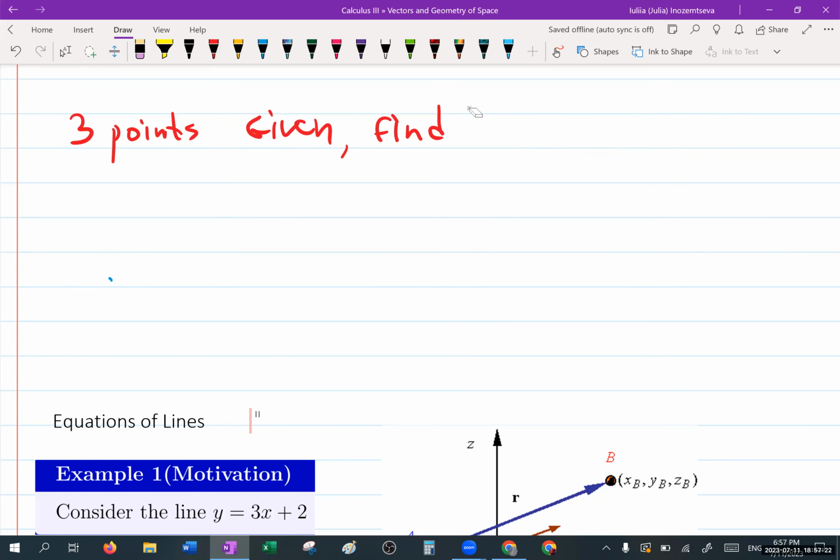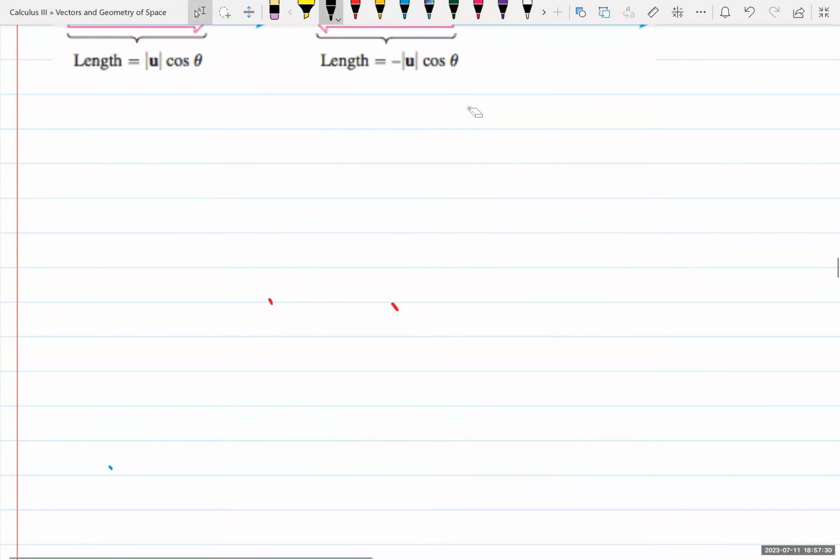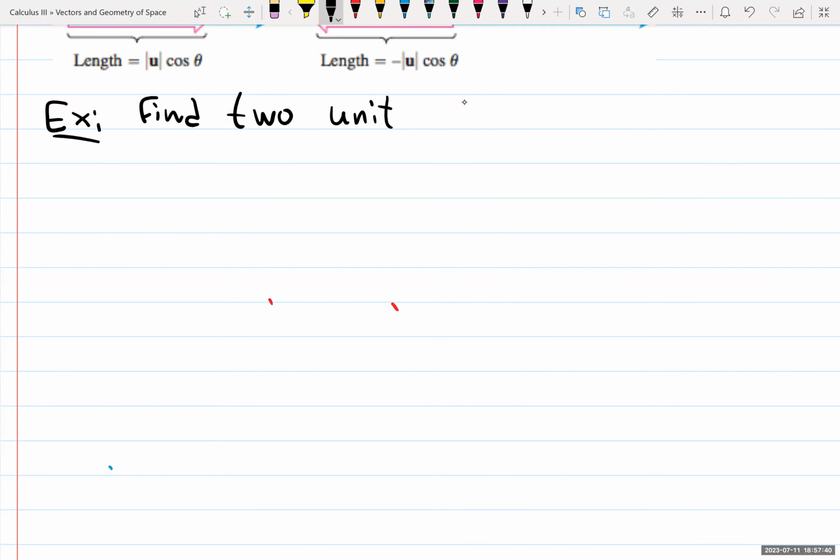Oh yeah, how about this? Before we go to this problem, I want to do one more example on the next topic. I like to do one. So find two unit vectors. They don't care about the size of them.